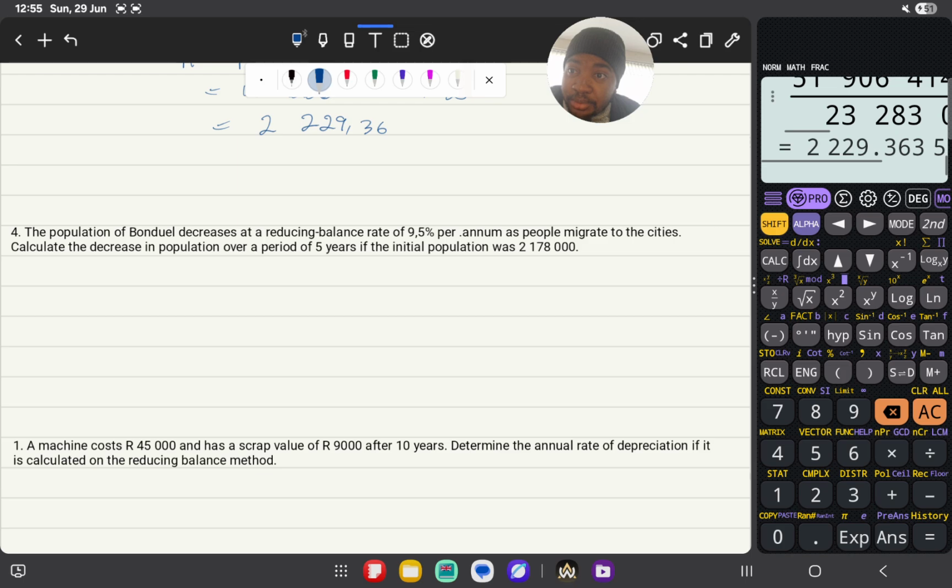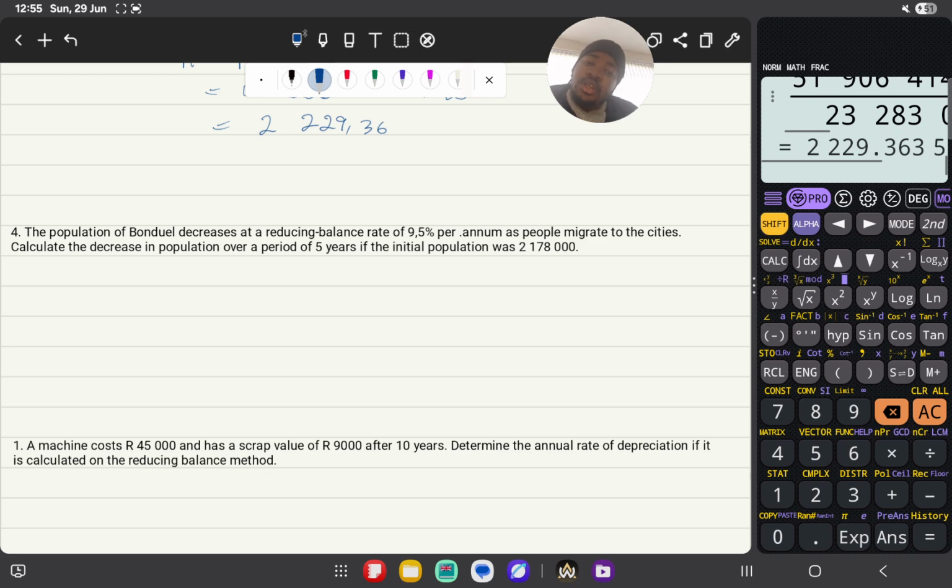The population of Bonduel decreases at the reducing balance rate of 9.5% per annum as people migrate to cities. Calculate the decrease in the population over a 5-year period, given the initial population.